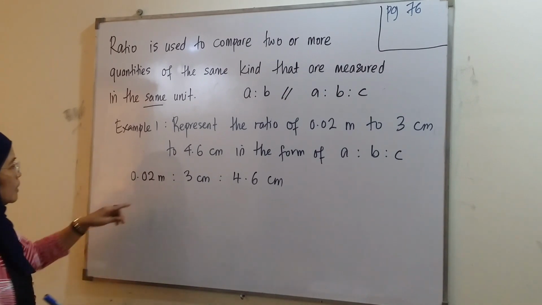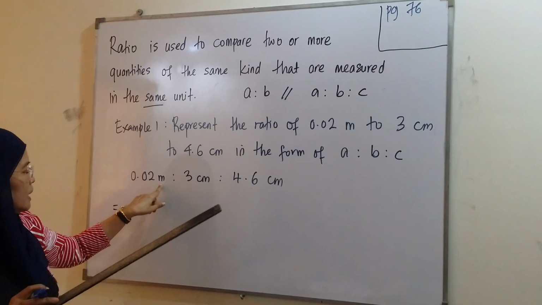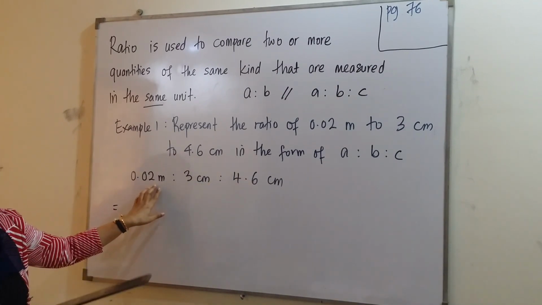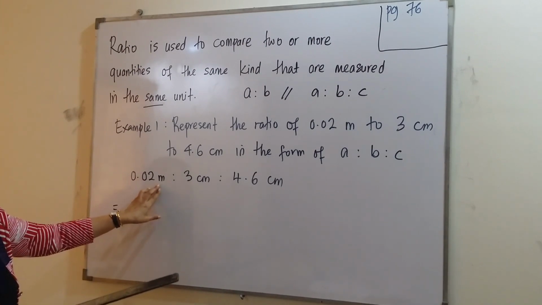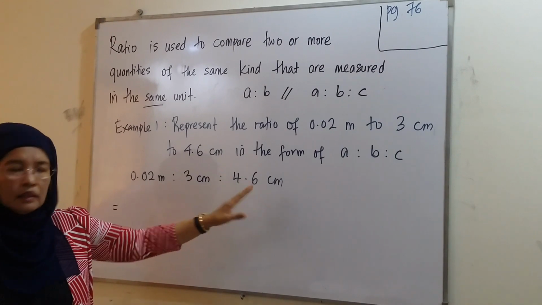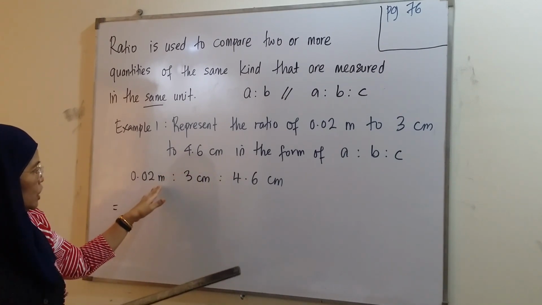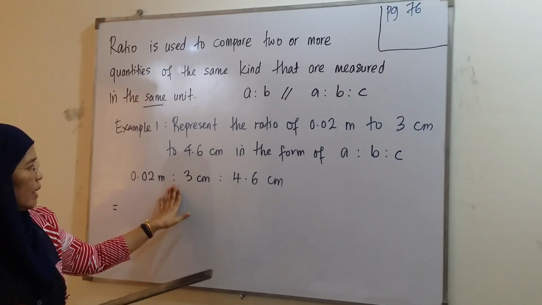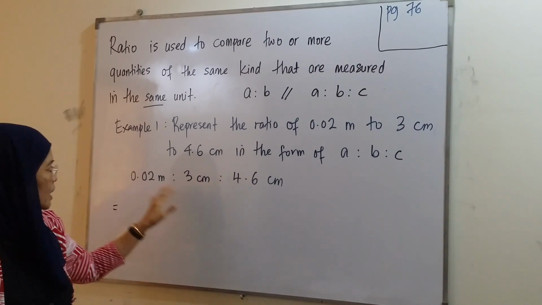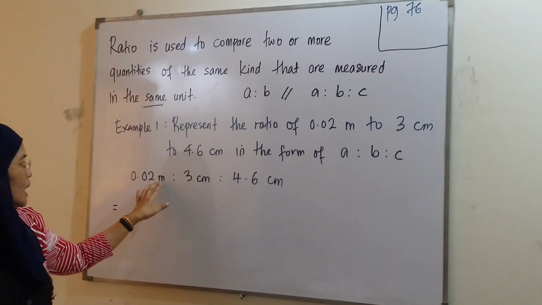Now we check the unit. The unit is different. This one is in meter, this one is cm, and this one is cm. So you can either change all to meter or all to centimeter. It's up to you, but teacher will change to cm. So the other two we maintain, and just change 0.02 meter to cm.